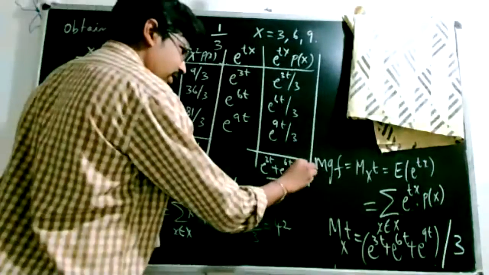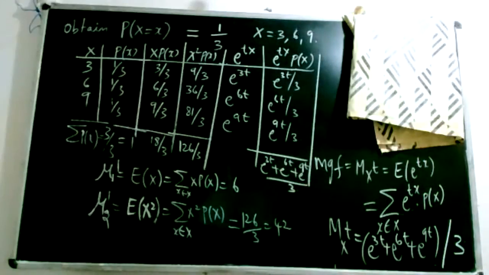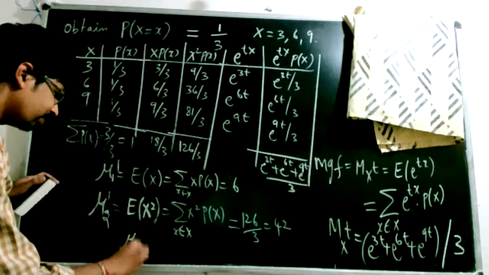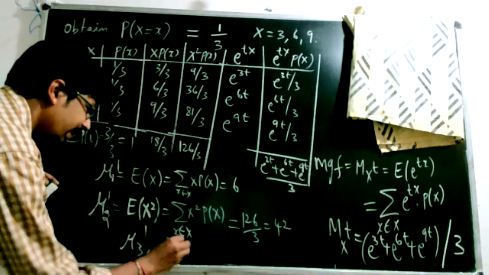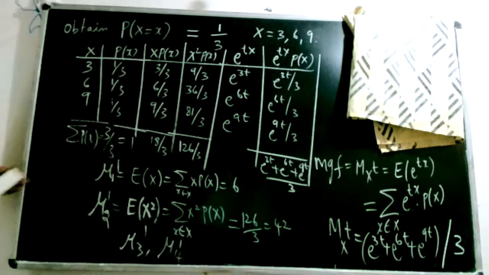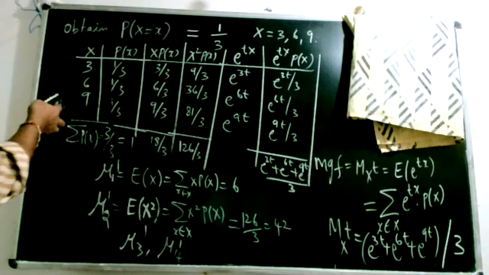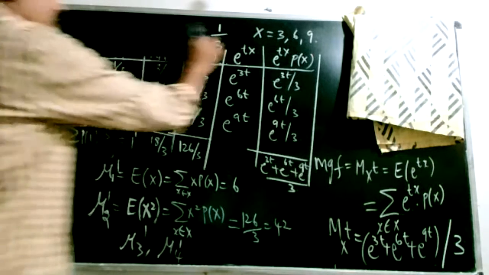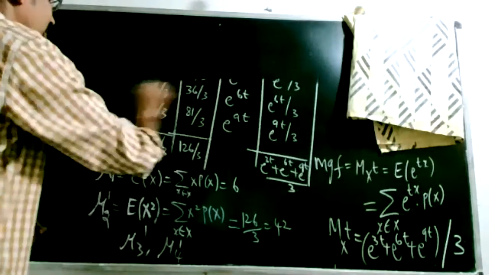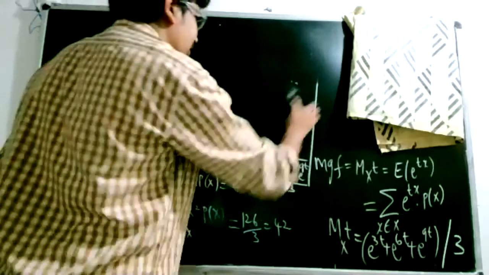So this is the MGF. Now your homework is to obtain mu3 dash and mu4 dash and check them from the MGF. This is clear, so rewrite the distribution if needed.